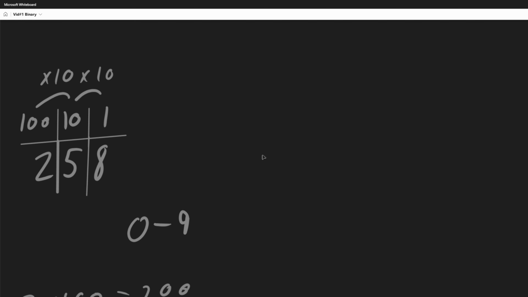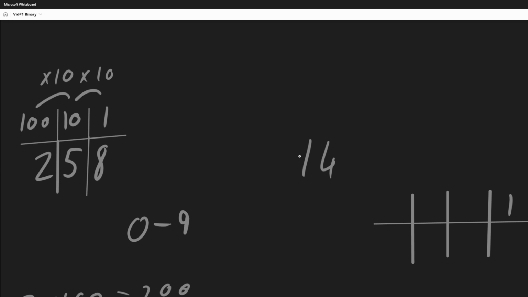So let's give ourselves the number 14. We can represent this with 4 bits. Let's make our place value chart with 4 slots, and we start with 1 again, but because we're only working with 2 digits, the 0 and 1, we multiply by 2 each time. So we go from 1, 2, 4, and then 8.